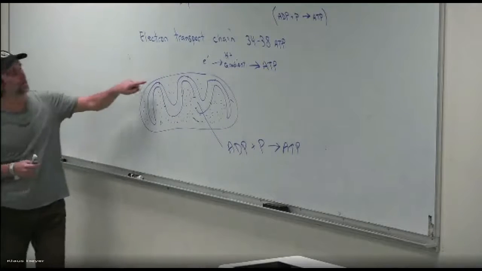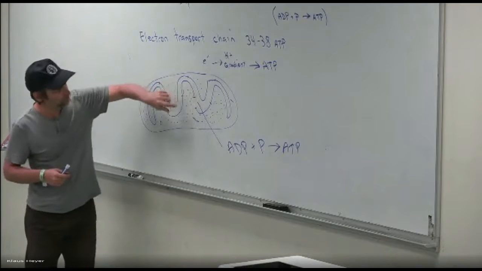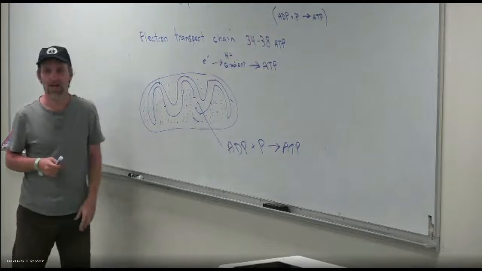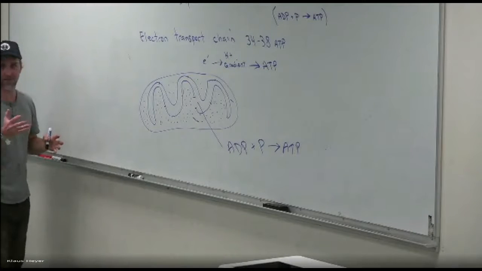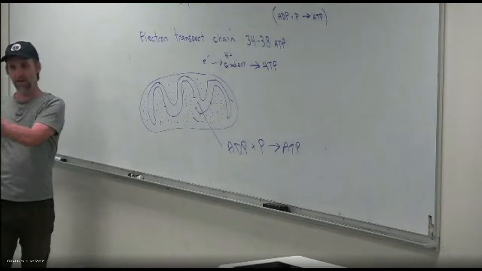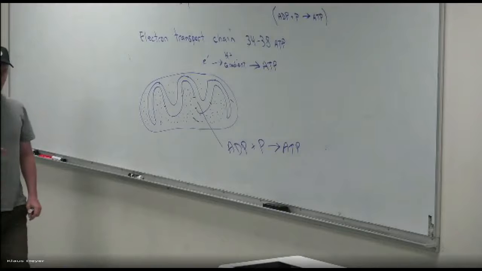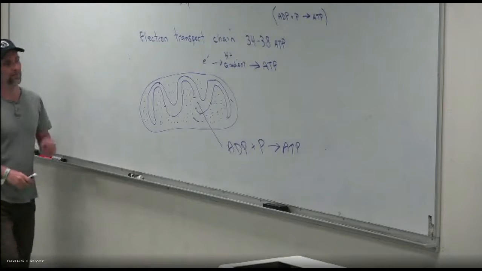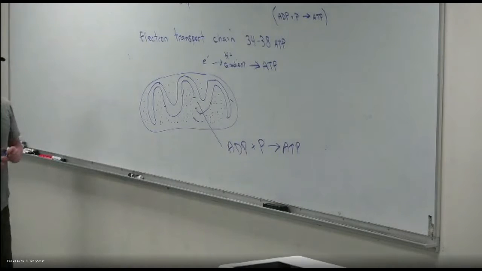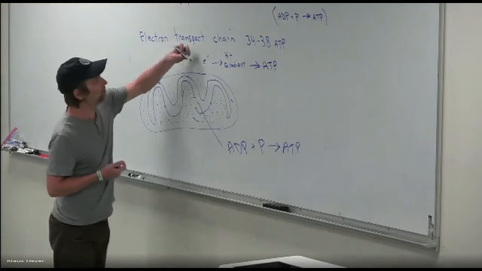If we didn't turn these pumps on and shove all the protons on one side, we wouldn't have that gradient. Gradient meaning that there's a lot on one side and not so much on the other side. So it's the electrons that did that. We wouldn't have had the electrons if we didn't take them off of something.